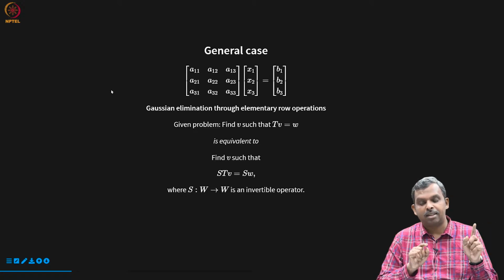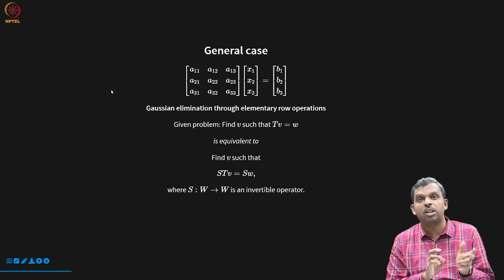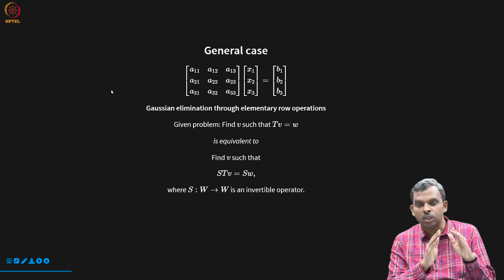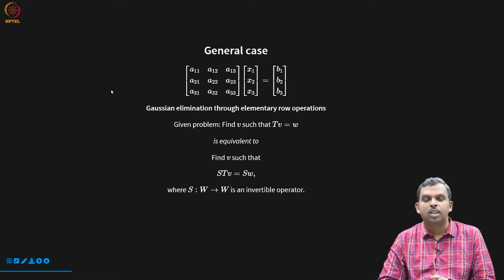Then, S times T, you can design your invertible operator S so that S times T looks like what you want. Okay. So that's the core essential idea behind these elementary row operations and Gaussian elimination.